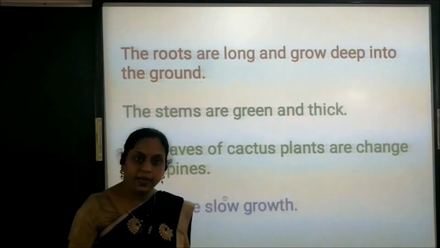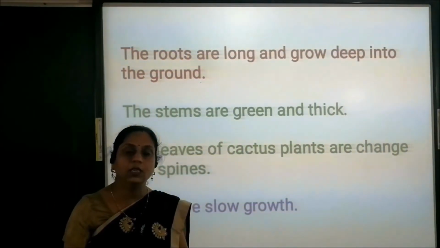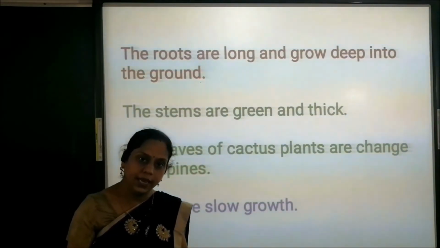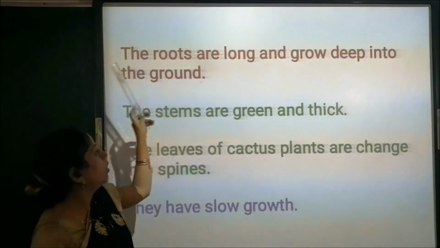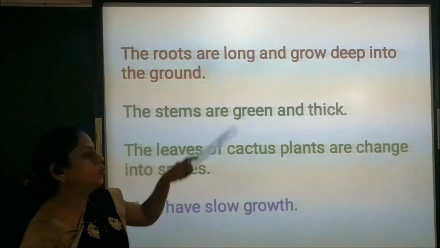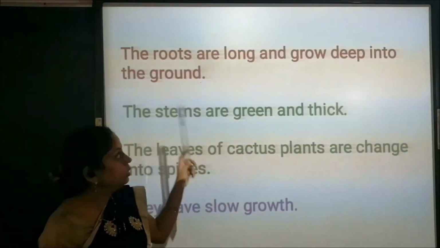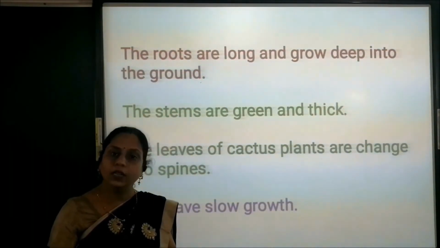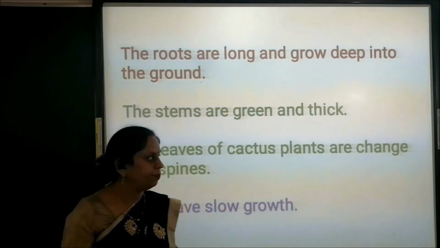Now, again, let's revise what are the features which allow the plants to grow in the desert areas. The roots are long and grow deep into the ground in search of water.